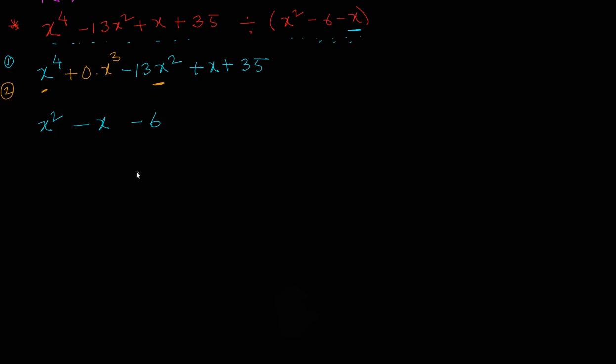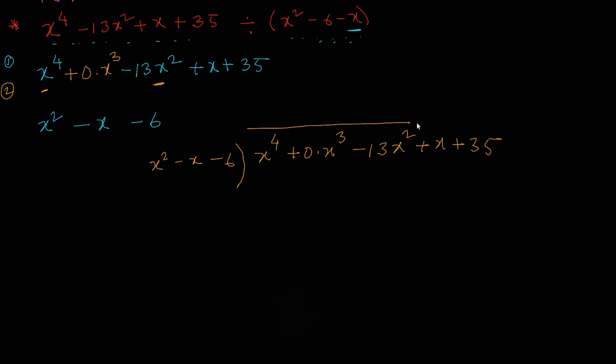First I'm going to simply write down my divisor, and then I'm going to write down the dividend, which is x power 4 plus 0 x cube minus 13 x square plus x plus 35. All right, and then I'm going to draw a line over here. So this is my step number 3.